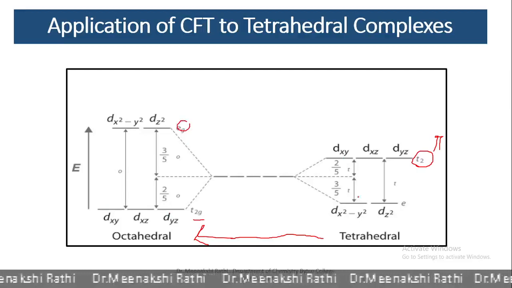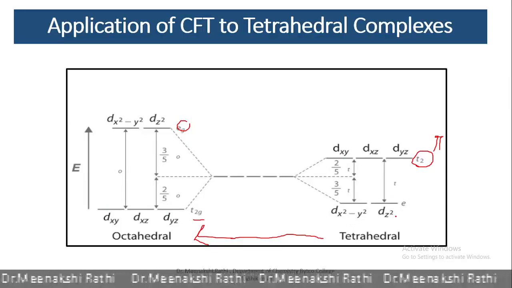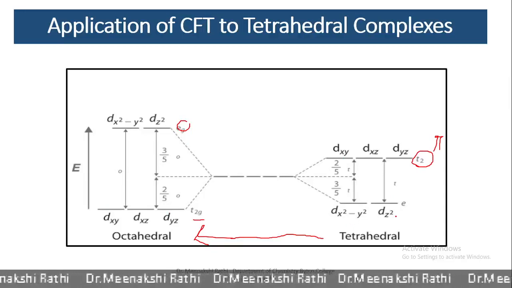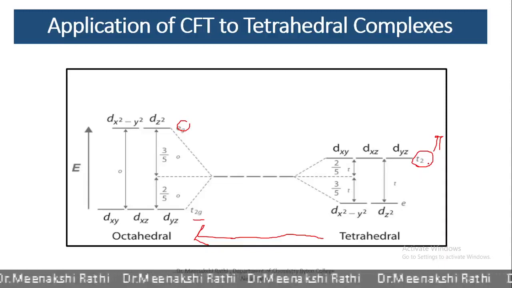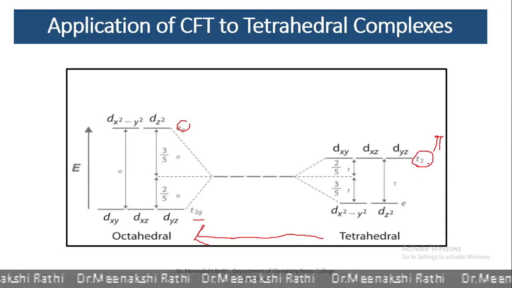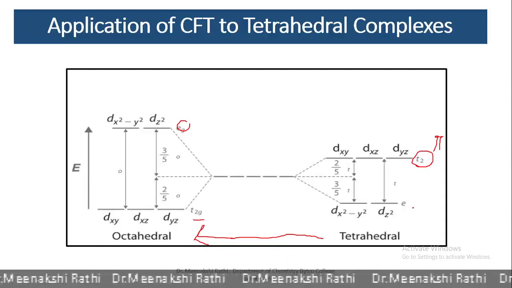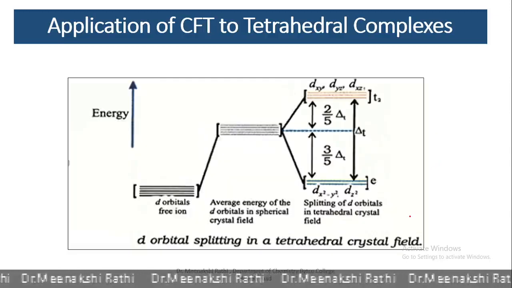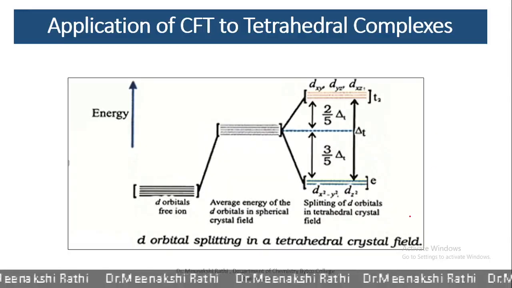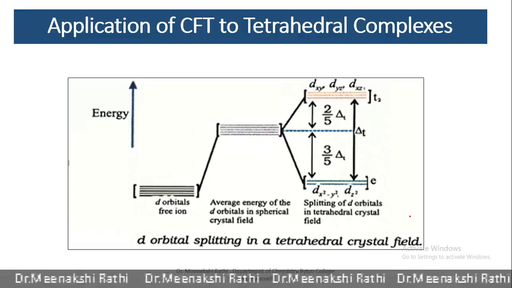But in tetrahedral complexes, as ligands approach from the corners of the cube, the T2 orbitals experience more repulsion. That's why their energy is increased and the E orbitals' energy is decreased. Now this increase and decrease in energy is explained in this diagram for a tetrahedral complex.